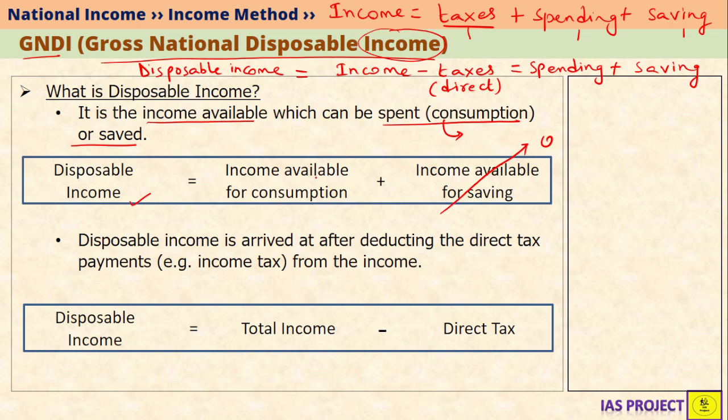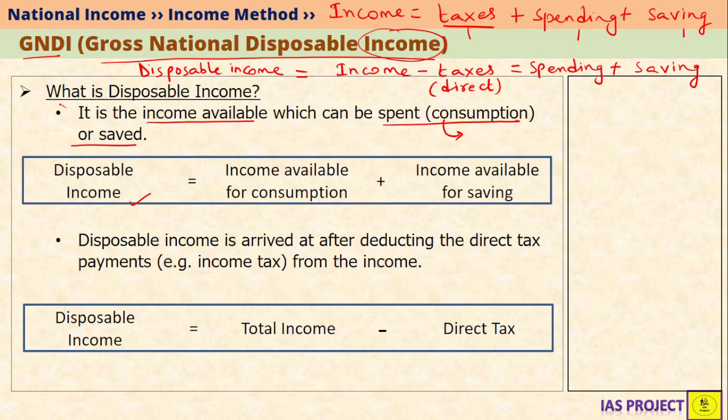Similarly, if there is a very rich person and he is not consuming much, in that case consumption will be zero. Disposable income in that case is nothing but the maximum income that is available for saving. However, these two are imaginary cases because any person will have some amount of saving and some amount of consumption. Therefore, it is best to describe disposable income as the addition of consumption and saving.